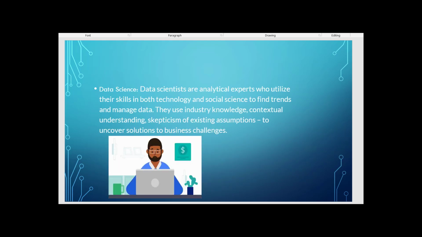Next we'll see what a data scientist exactly does. Data scientists are analytical experts who utilize their skills in both technology and social science to find trends and manage data. They use industry knowledge, contextual understanding, and existing assumptions to uncover solutions to a business challenge.